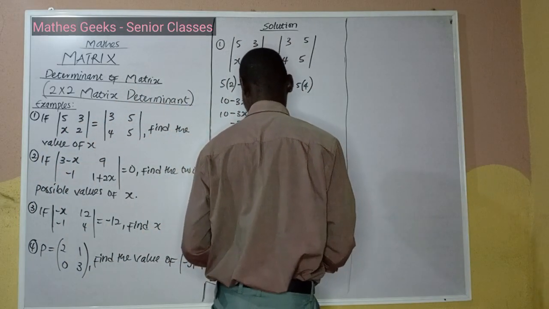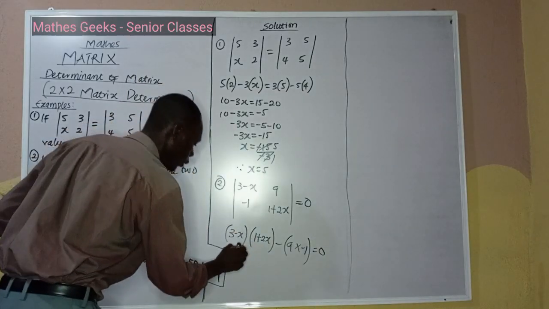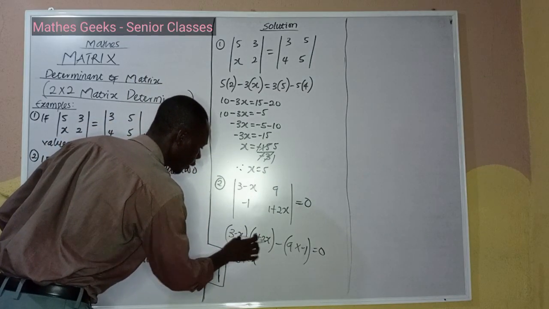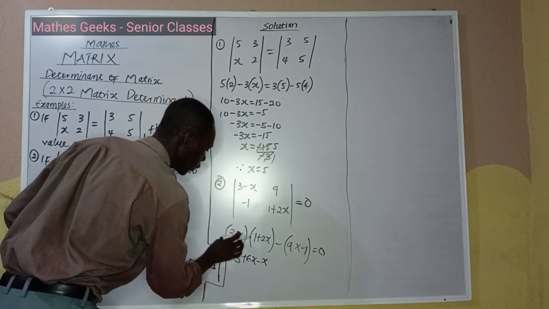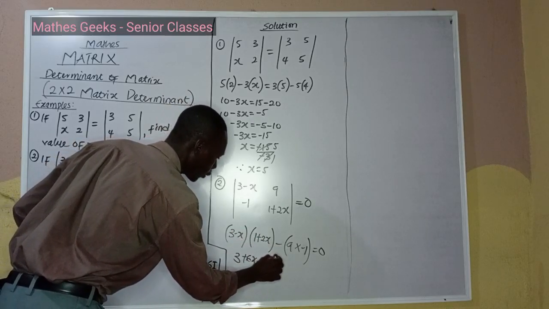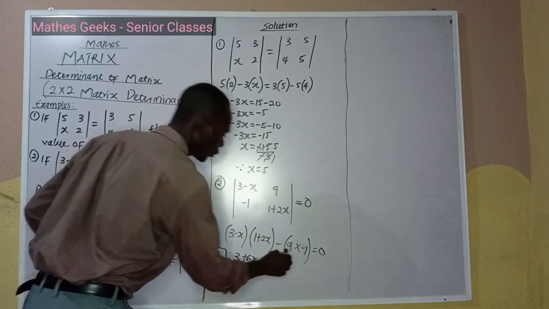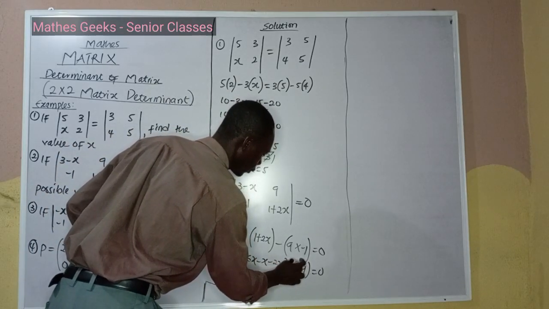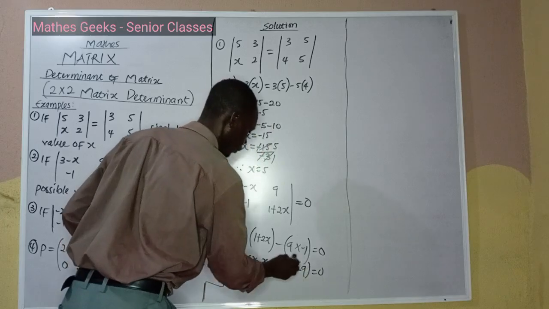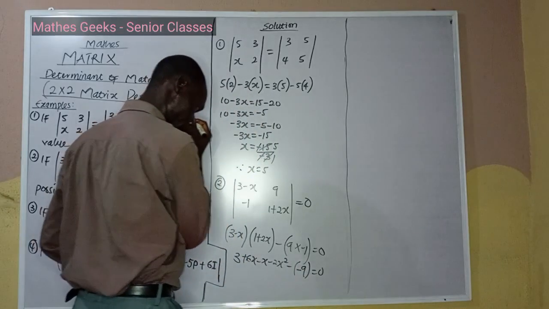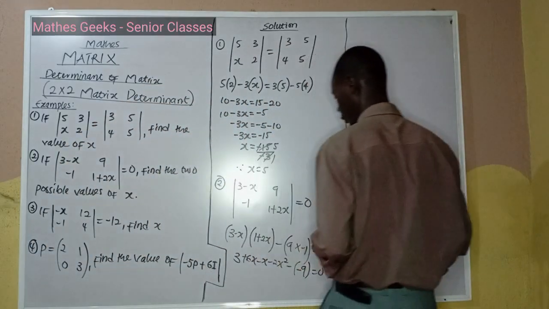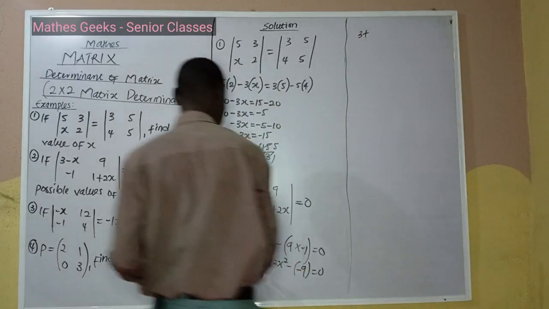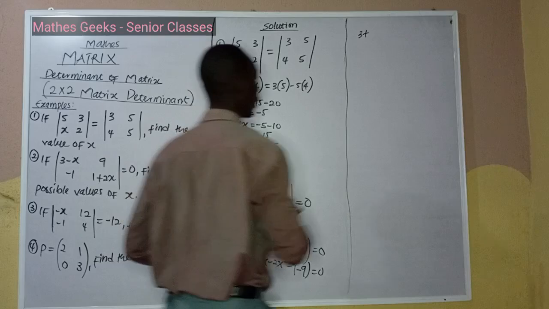So in our bracket, 3 times 1 is 3, 3 times plus 2x is plus 6x, minus x times 1 is minus x, minus x times plus 2x gives us minus 2x squared, plus 9 is equal to 0. So 3 plus 6x minus x will give us plus 5x.